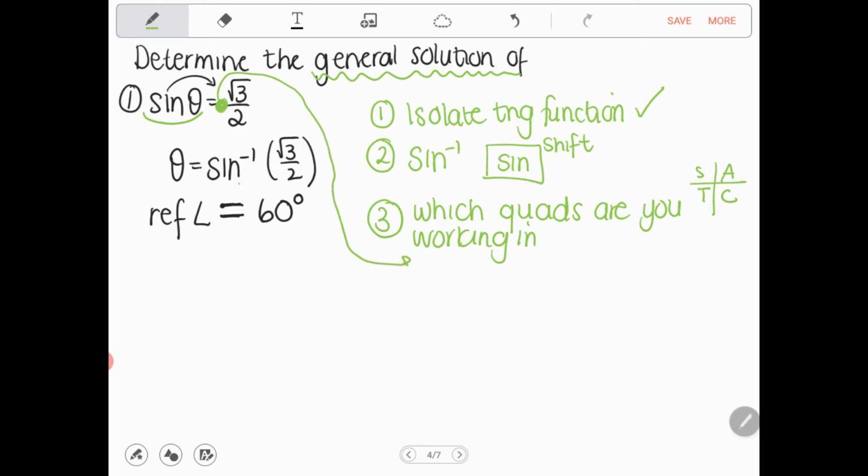Can you see that in front, where that green dot is, there's a positive, well, it's invisible, but there is a positive sign there. So sine is positive. So which quadrants are we working in? We're working in quadrant 1 and 2. Okay, so you look at the sign in front of your ratio there to tell you which quadrants you're working in.